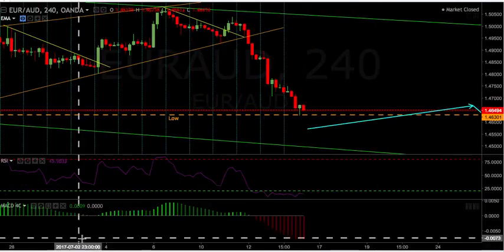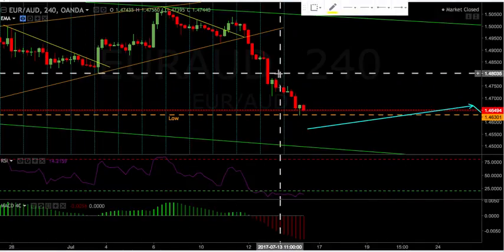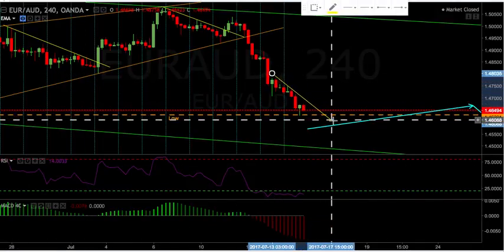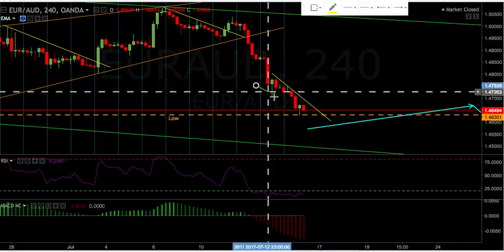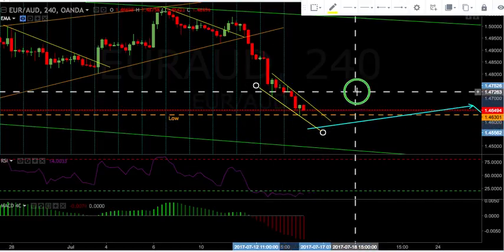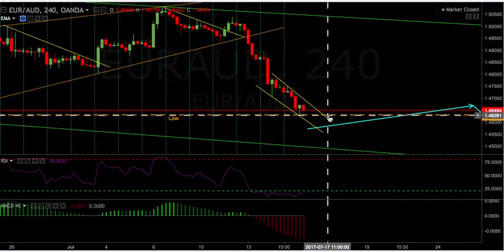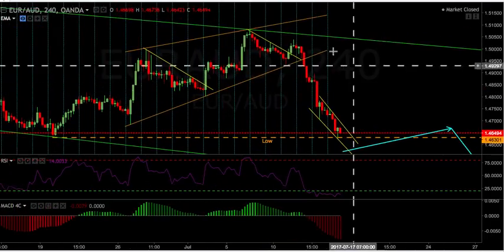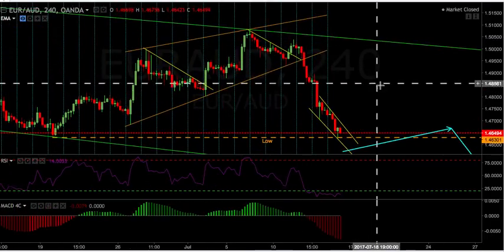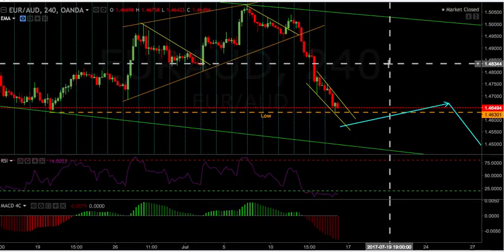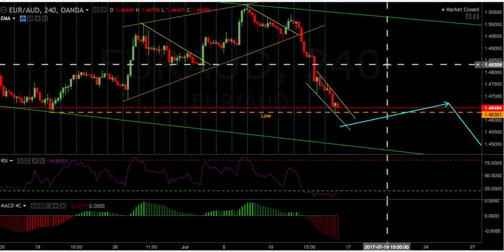Now, if price forms a reversal pattern, something like this, then we'll be looking for price to actually reverse and to come back and start testing some of these highs. It's that simple. That's what everyone learns to do. You learn to see the patterns, use the tools, trade the triggers.